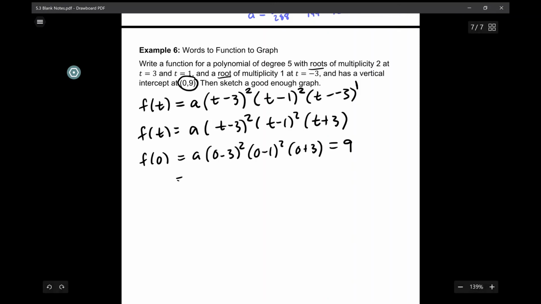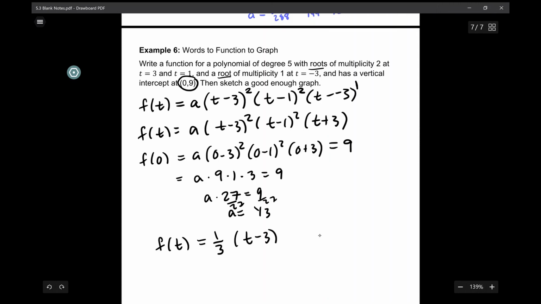So this is a times negative 3 squared is 9, negative 1 squared is 1, and times 3 equals 9. So a times 27 equals 9. a equals 9 over 27, which I'm pretty sure is a third. So our function is f of t equals 1/3 (t minus 3) squared, (t minus 1) squared, (t plus 3).